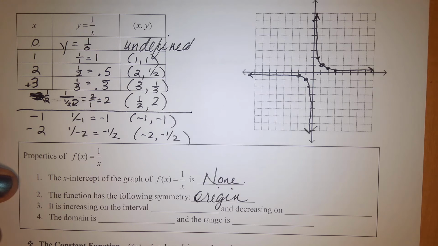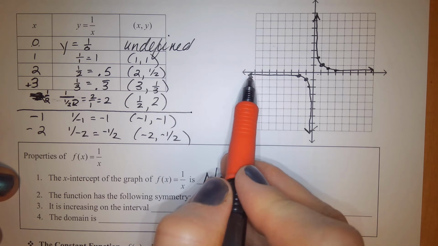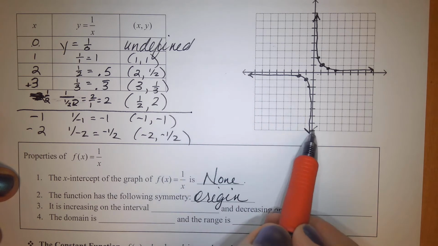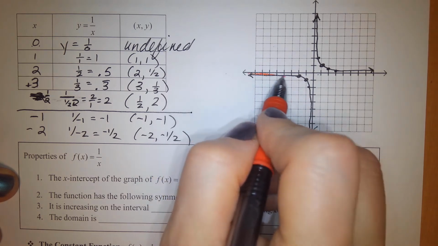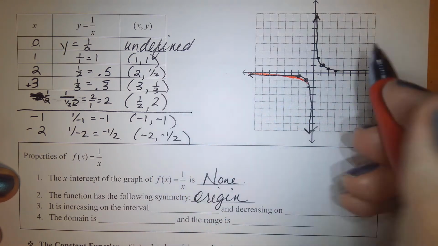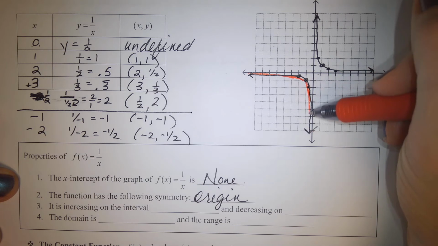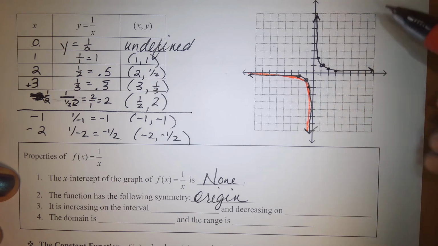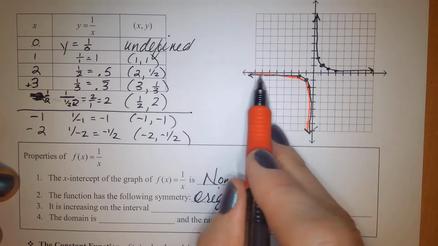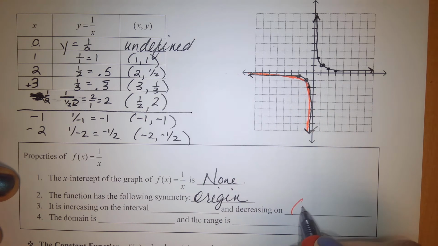Now if we look at the increasing and decreasing, let's start over here on the left. As I move from left to right, this graph is falling, decreasing, decreasing. So it is decreasing from -infinity all the way up to 0.